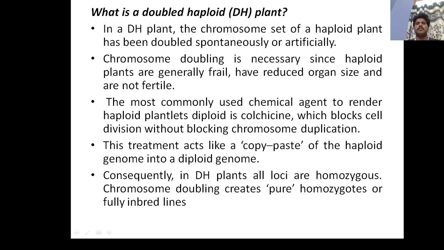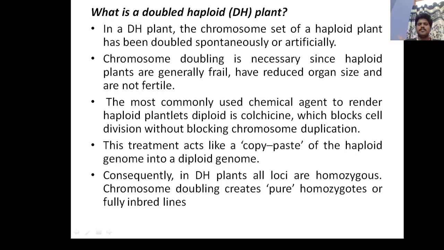Then what is a doubled haploid plant? This is nothing but a haploid plant whose chromosome set is doubled, spontaneously or artificially. This is necessary since haploid plants are really frail, have reduced organ size, and are not fertile. The most commonly used chemical agent for this purpose is colchicine, which blocks cell division without blocking chromosomal duplication.